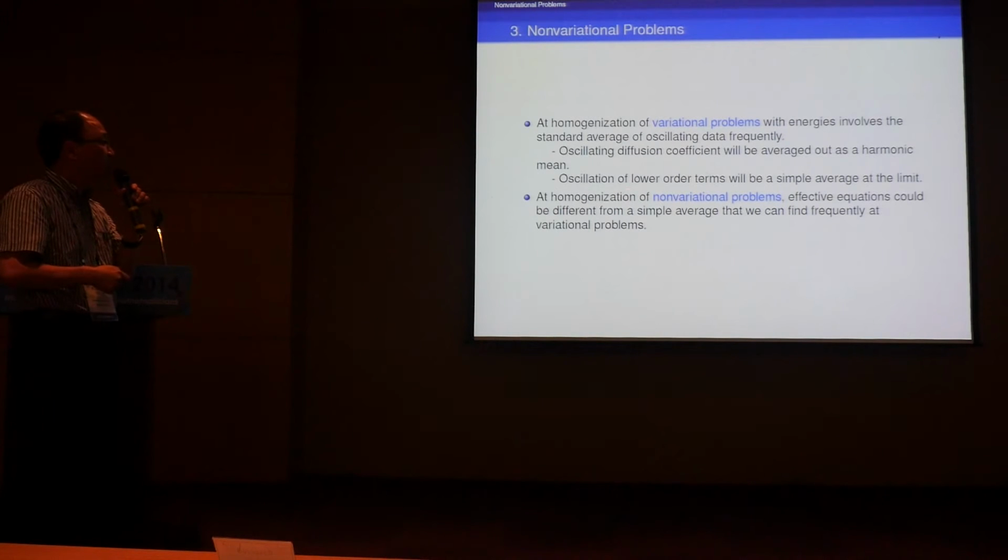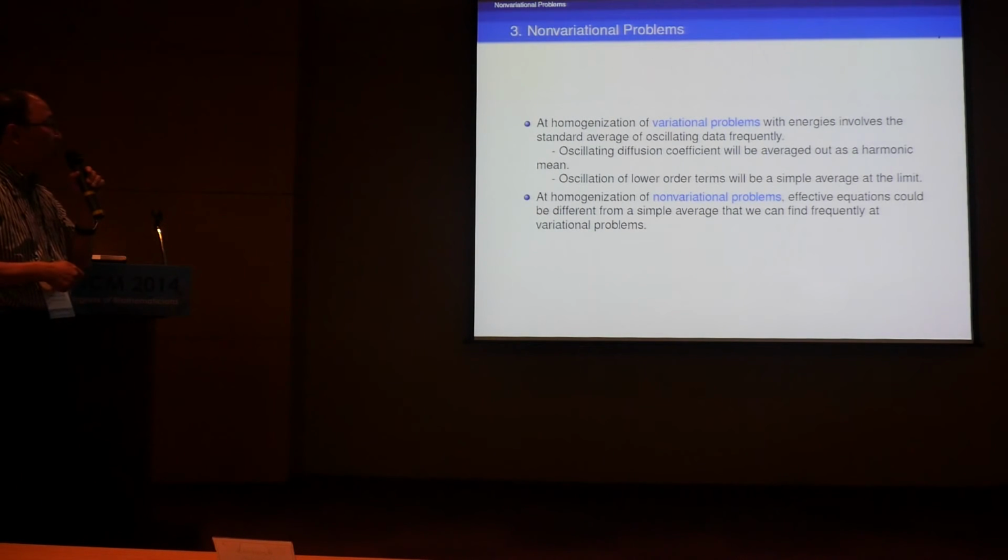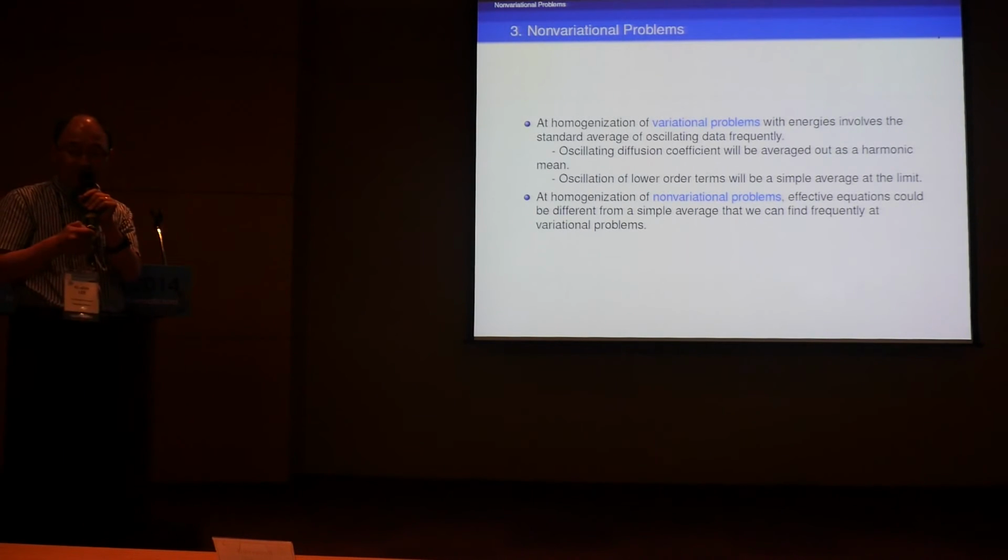And oscillation of lower order terms will be a simple average in the limit. In the homogenization of non-variational problems, of which I'll give you a couple of examples, the effective equation could be different from simple averaging. So it requires different techniques.